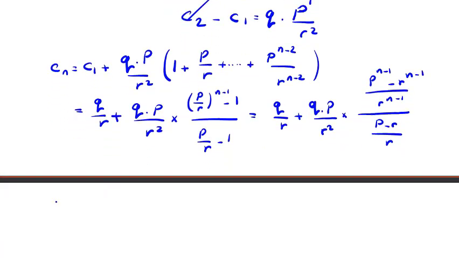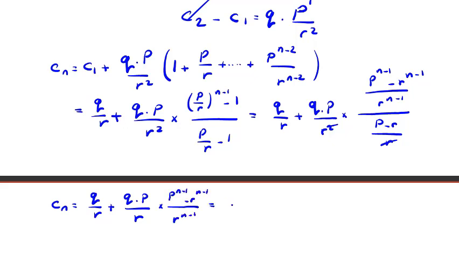Now let's simplify more. c_n equals q over r plus. If you multiply, this r will be cancelled. It will be qp over r times r^{n-1}, p^{n-1} minus r^{n-1}. So it will be equal to this r^n here, qp, p^{n-1} minus r^{n-1}.